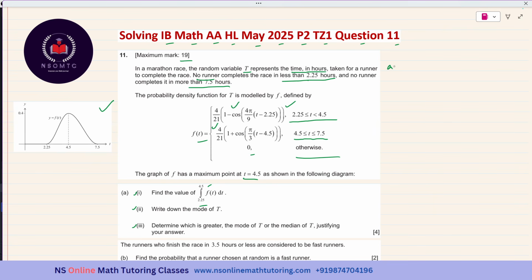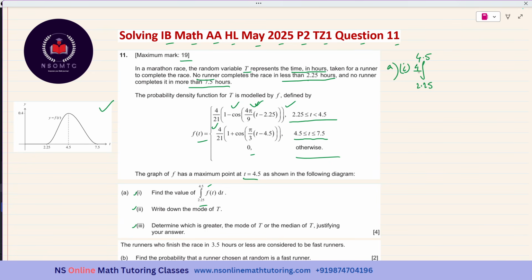So, A I, it is between 2.25 to 4.5, so I have to take this expression of f(t). I can keep the 4 over 21 outside.